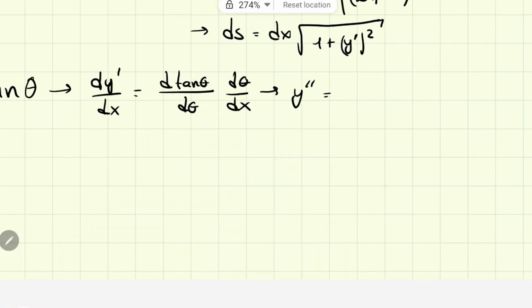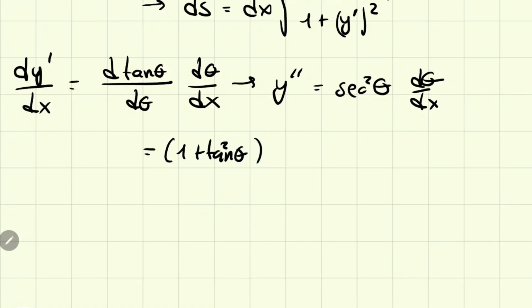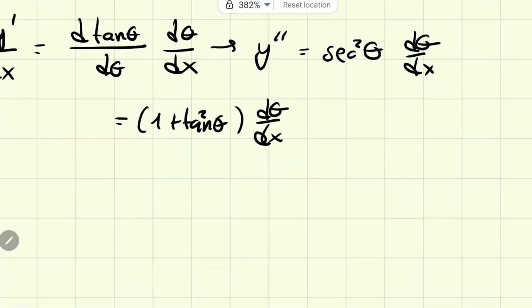Then the derivative of tangent of theta is equal to secant squared theta, which is equal to 1 plus tangent squared theta, times d theta dx. We know that tangent of theta is equal to y prime.